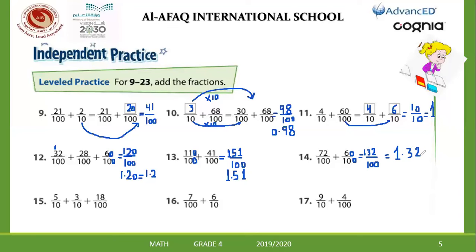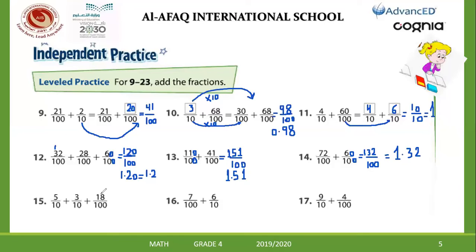Great job. Number 15, 5 over 10 plus 3 over 10 plus 18 over 100. We have two fractions with denominators of 10. But easier for us to change the denominator of 10 to the denominator of 100, because it is allowed to multiply any fraction.